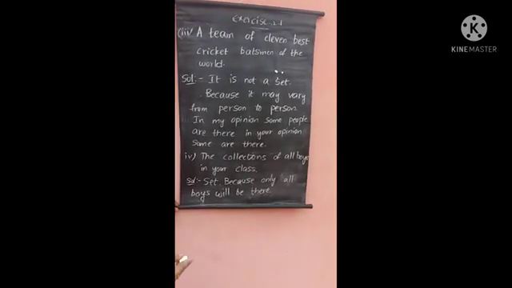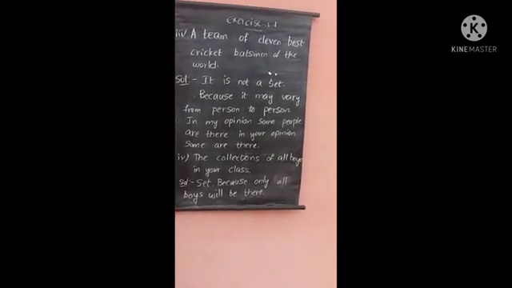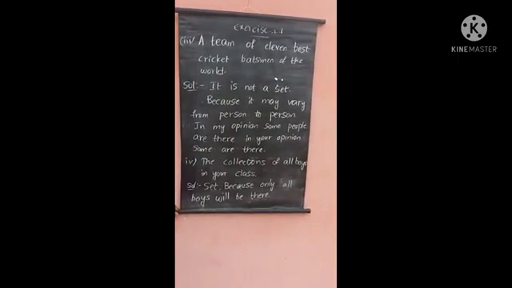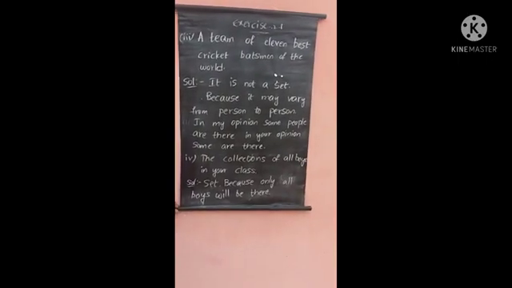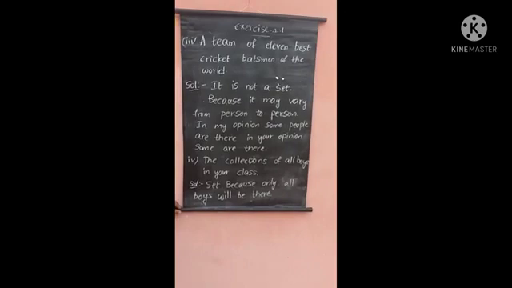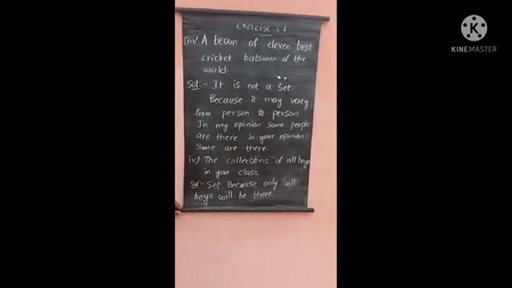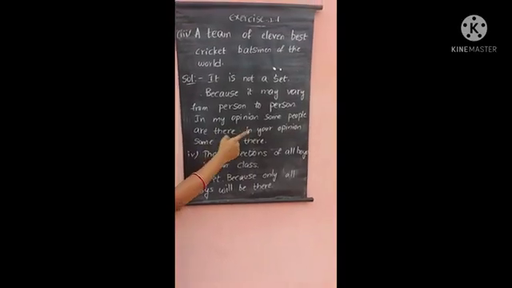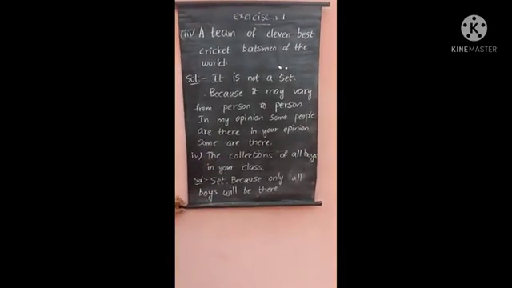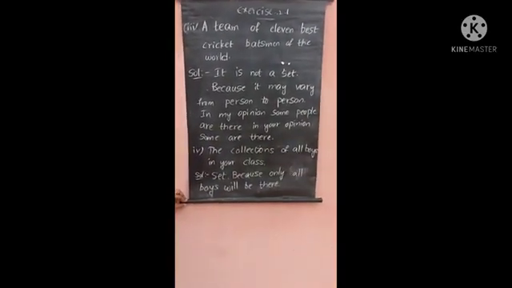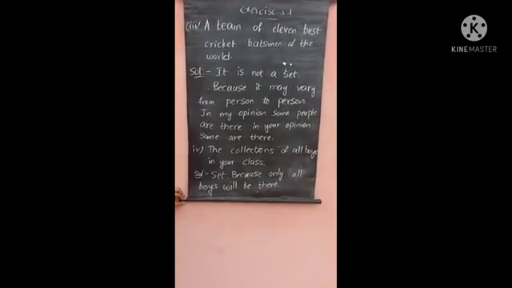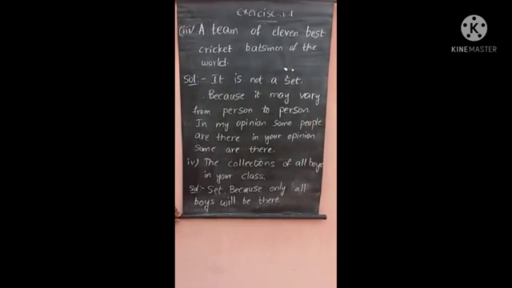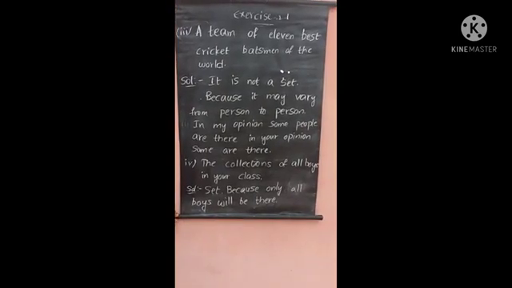So we cannot say that these are the topmost 11 best cricket batsmen. We cannot decide. So it is not a set because it may vary from person to person. This is not a well-defined collection. So it is not a set. That is the reason.